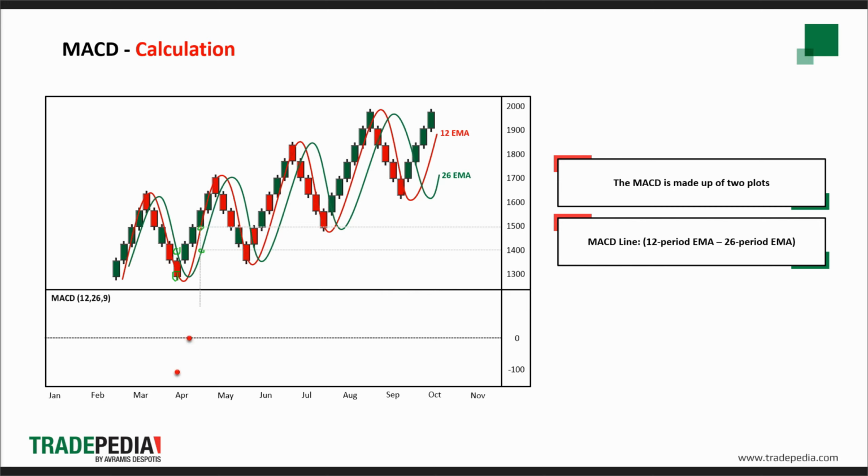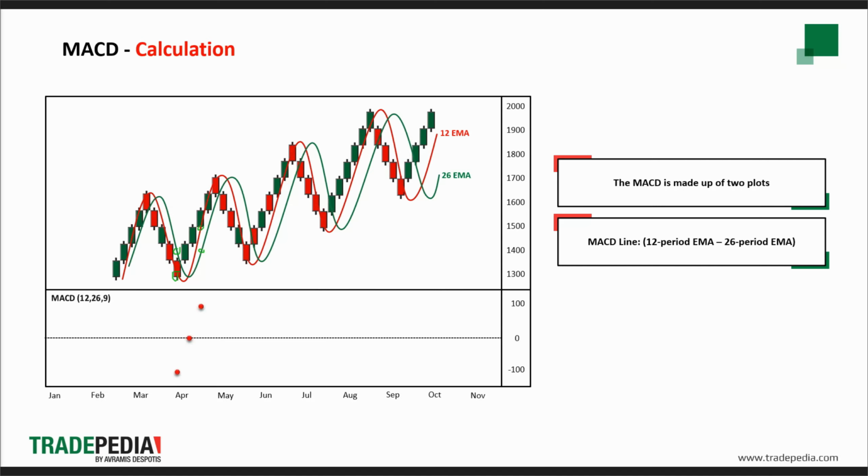If I were to plot positive 100, you can see, let's just look at the MACD graph. When the 12-period is crossing below the 26-period, the MACD is crossing the zero line to head back into negative. But when the 12-period is crossing above the 26-period, generating a bullish signal, you can see the MACD basically crosses above the zero line.